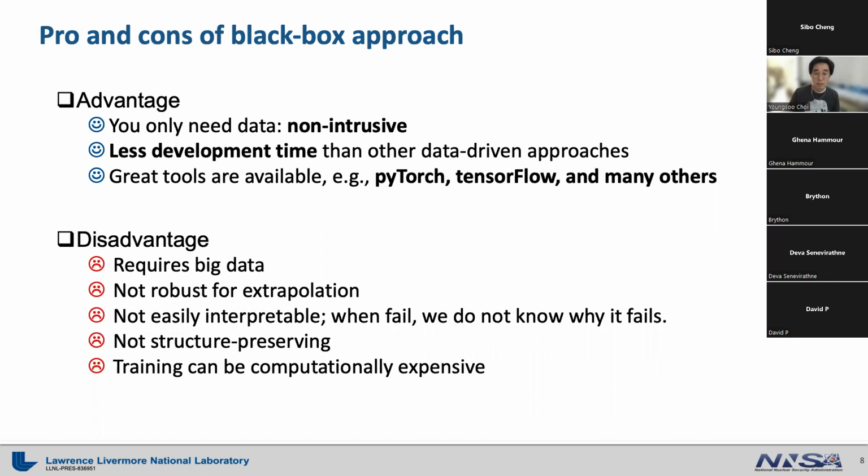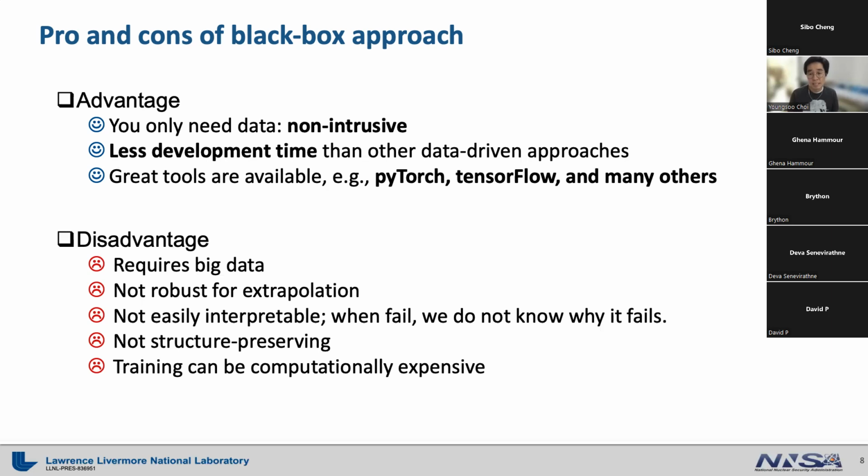Additionally, because the black box approaches do not incorporate any physics information, certain physical properties such as symmetry, positivity, conservation, etc., are not guaranteed to be preserved, which really concerns physicists. Lastly, but not the least importantly, the training of the neural network tends to be very computationally expensive.